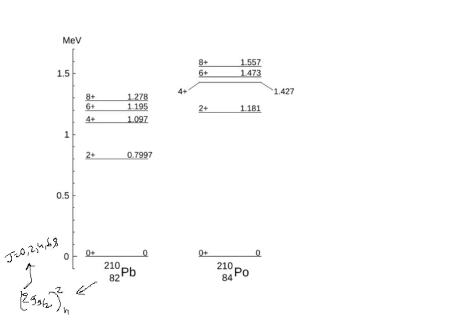So we expect for these two neutrons in g9/2 spins 0, 2, 4, 6, 8, maximum up to 2J minus 1, so up to 8 only. But see the experimental spectrum, the states 0, 2, 4, 6, 8 are not degenerate, they are different in energies, and this is caused by the residual interaction.